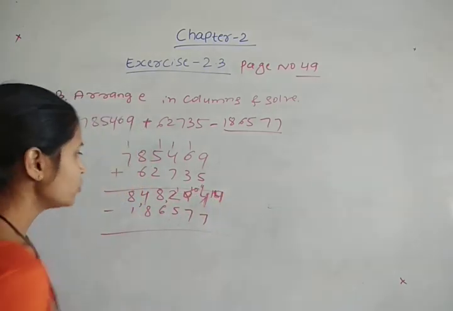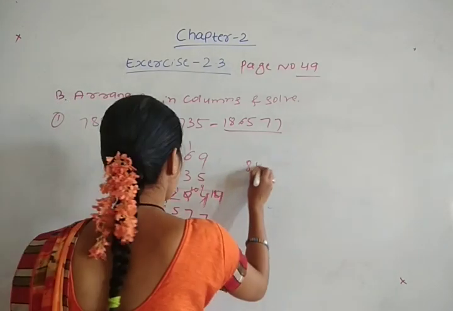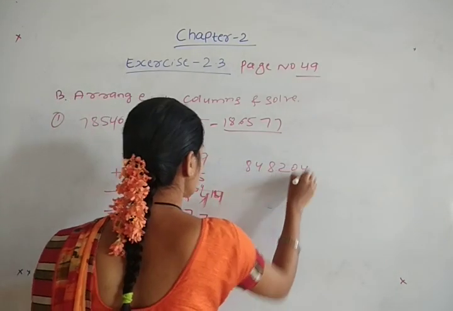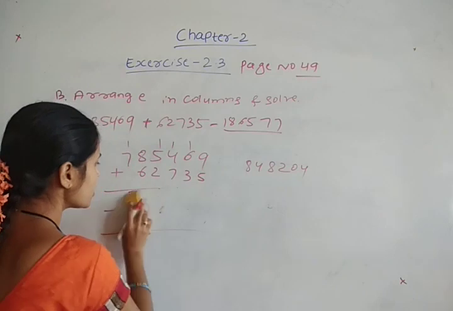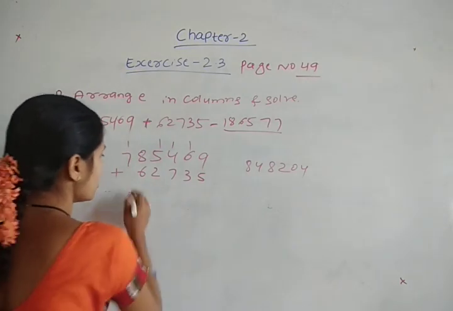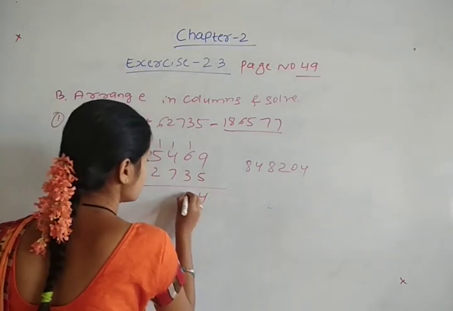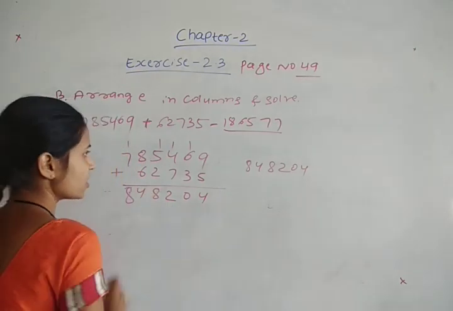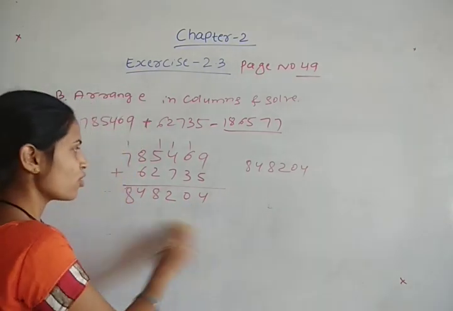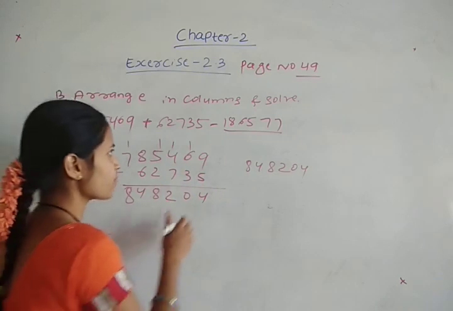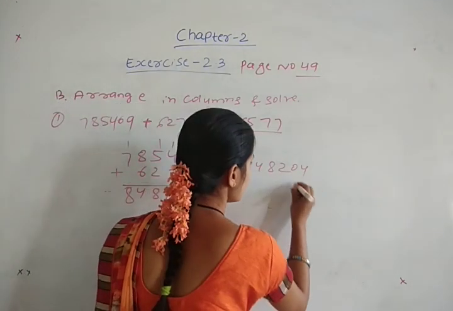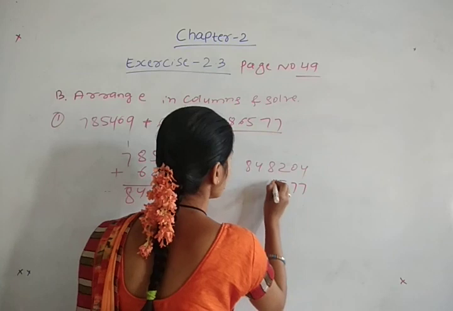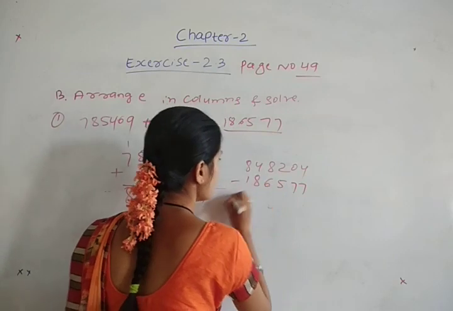Now for your understanding, I will do the subtraction separately because you are getting confused. So this is the answer we have got after adding the two numbers. From this I will subtract this one. See here, 7, 7, 5, 6, 8, 1.